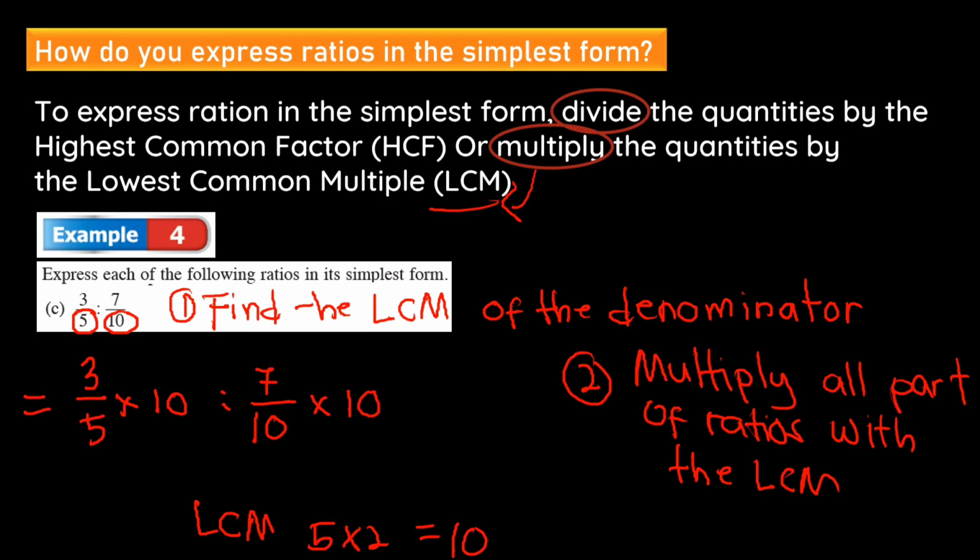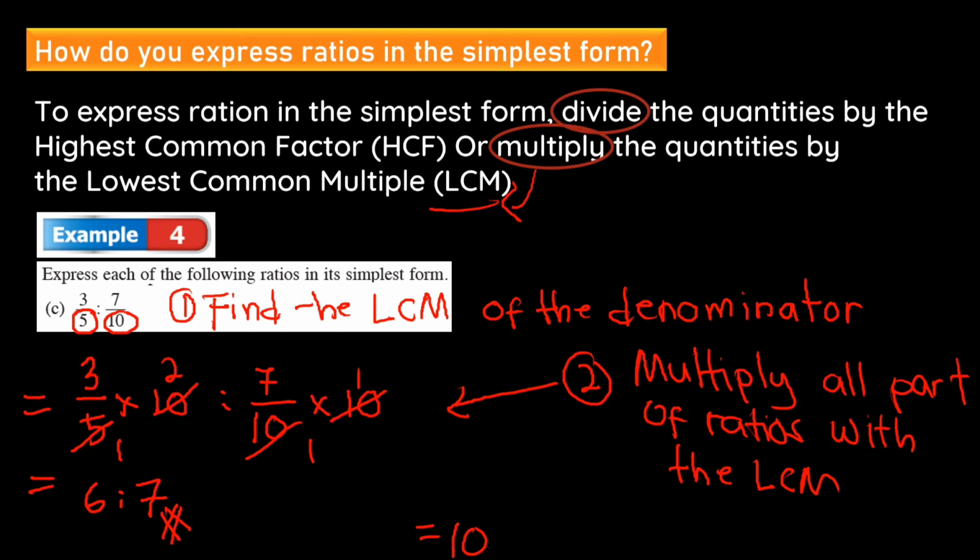Next, we can just cut this one, 2, and 1 and 1. So 3 times 2 here is 6, ratio 7 times 1 is 7. So this is the simplest form for this ratio in question C, which is 6 ratio 7.